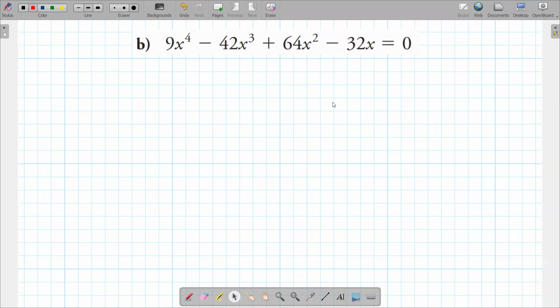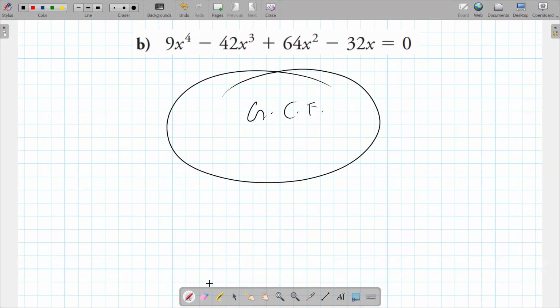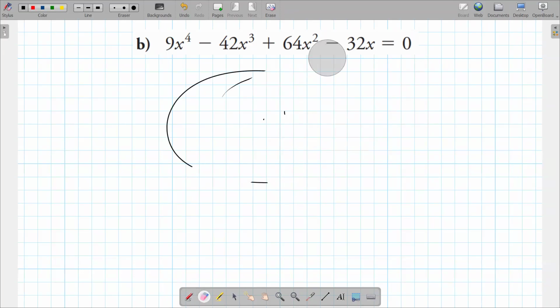We can pull out an x. We call that the GCF, the greatest common factor. You always want to pull out the GCF. We can't pull out a 3. Nothing really goes into 9, so we're kind of stuck. We can't pull out a number, but we can definitely pull out an x.